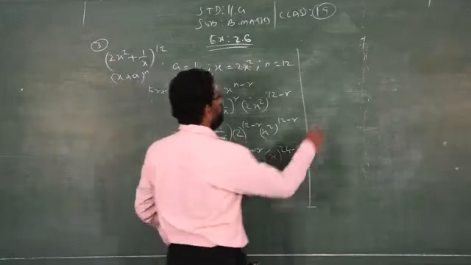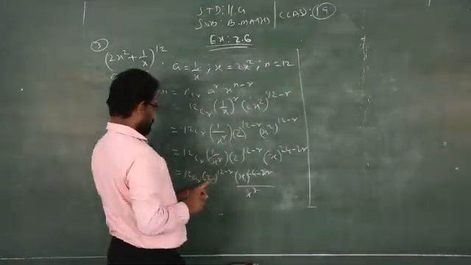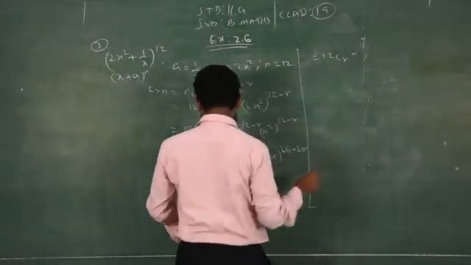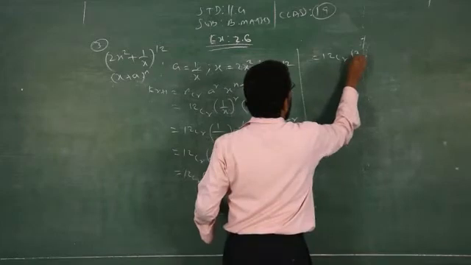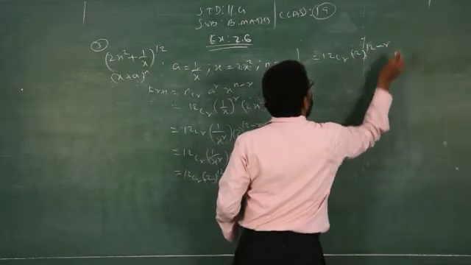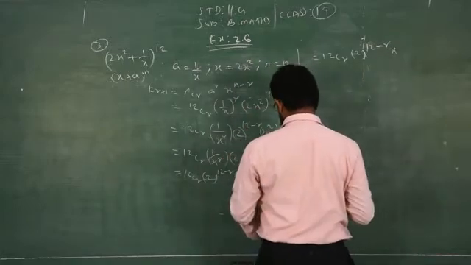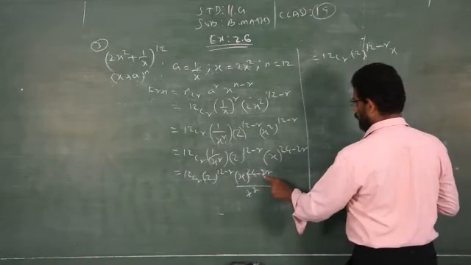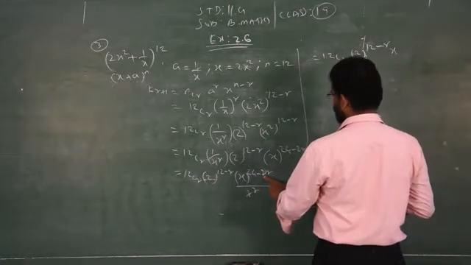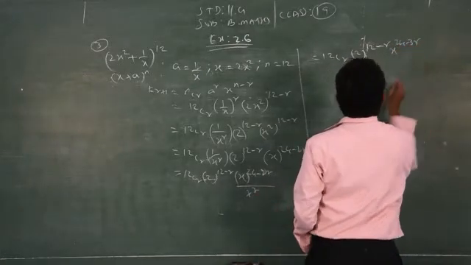So now you have to write 12Cr, 2 power 12 minus r. What will come here? x power 24 minus 2r, and then minus r, so 24 minus 3r.